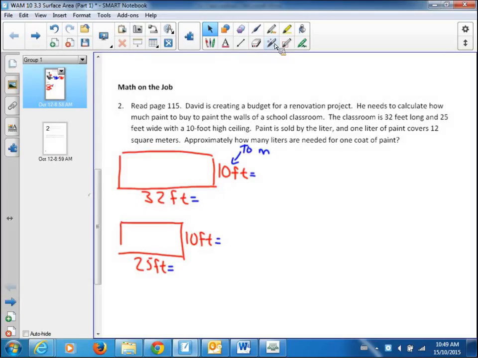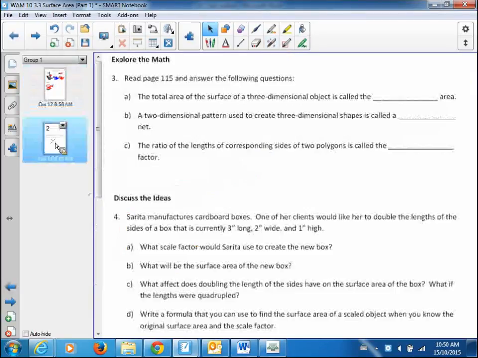Now, the other stuff that you're going to do, well, I'll just tell you about this quickly here, and then we'll stop it. The total area of the surface of a three-dimensional object is called the surface area.